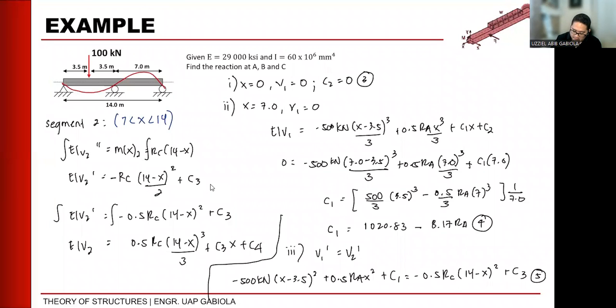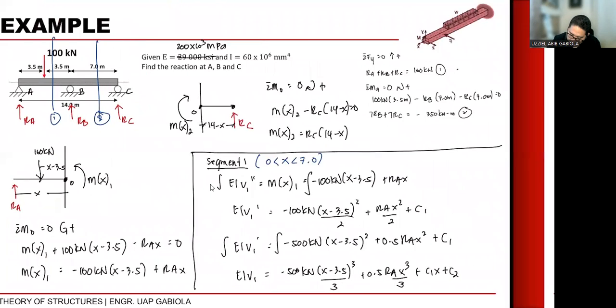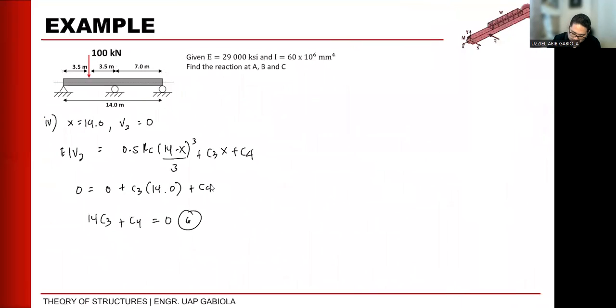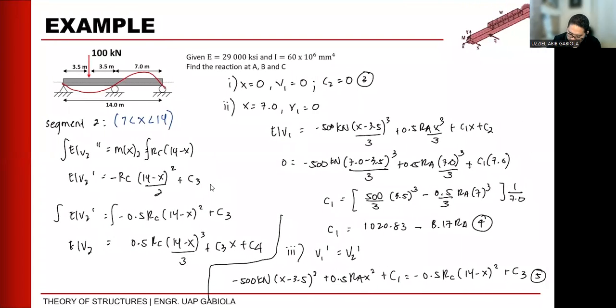So we have 1, 2, 3, 4, 5, 6. Okay, so let's check. Ganito, we have two equations dito. 1, 2, 3, 4, and 5, and 6. A, B, C, 1, 2, 3, 4. Kailangan natin ng 7 equations. Kulang tayo ng isa.